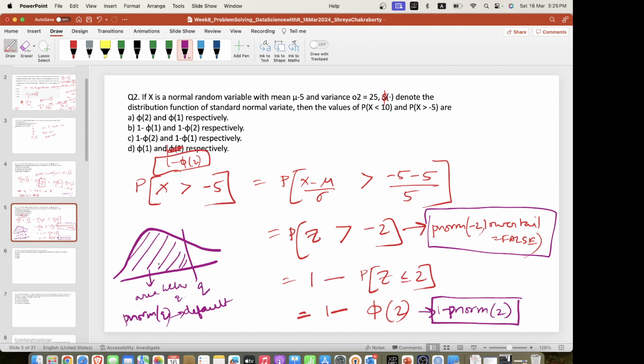I don't want the lower tail, I want the upper tail. Lower tail means towards your left, and upper tail means towards your right.